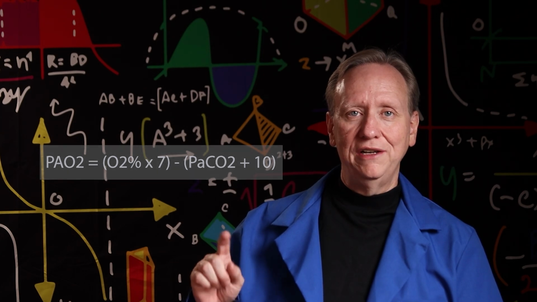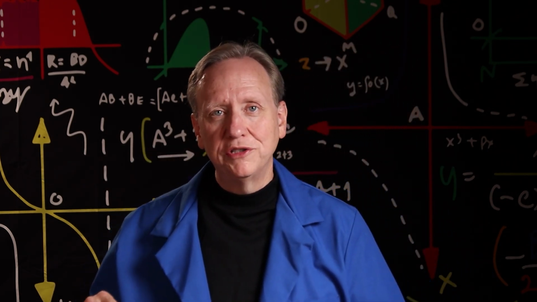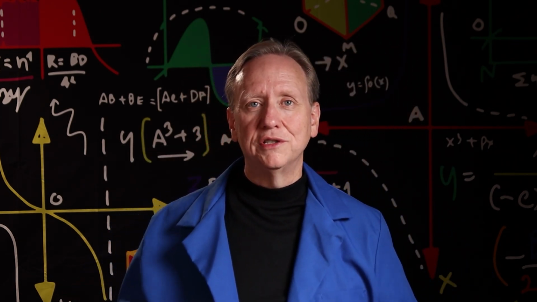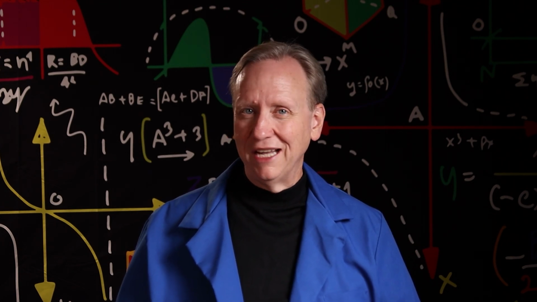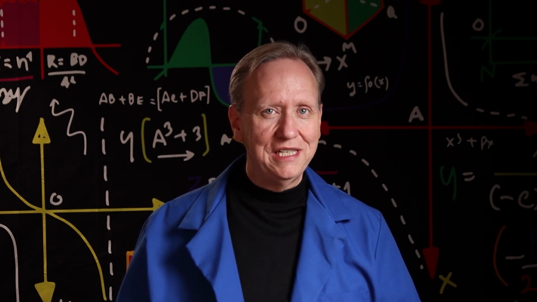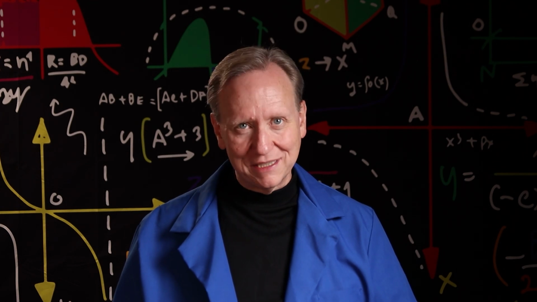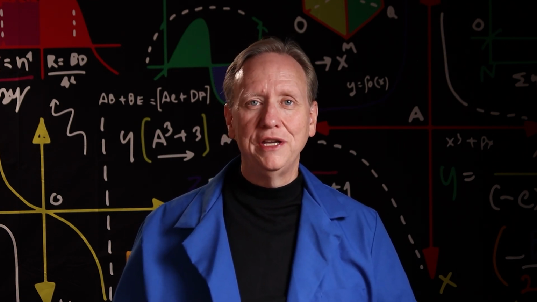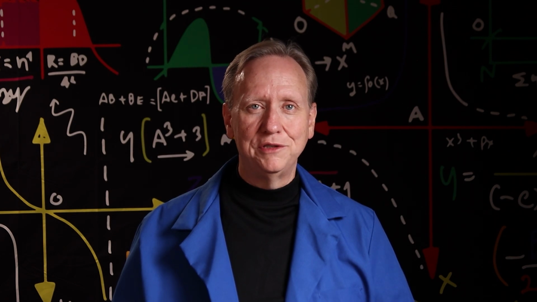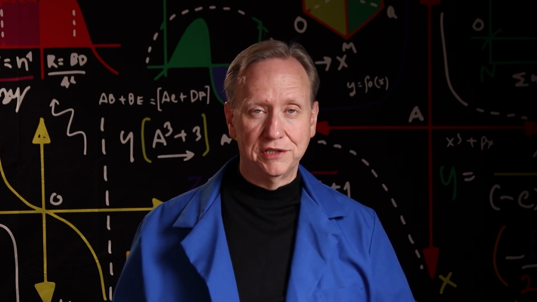We'll practice that here in just a moment, but what we want you to remember is that you're going to use the shortcut, and the shortcut's not going to give you an exact answer. That's okay. It turns out the NBRC knows that you're supposed to be estimating the answer. And my question to everybody who's operating in the field: do you think it really matters if your PAO2 is 302 versus 300?